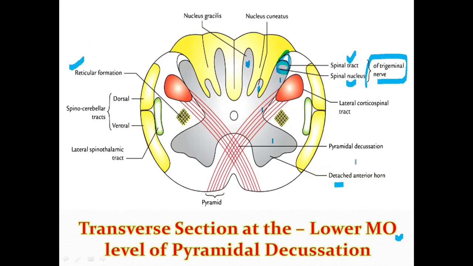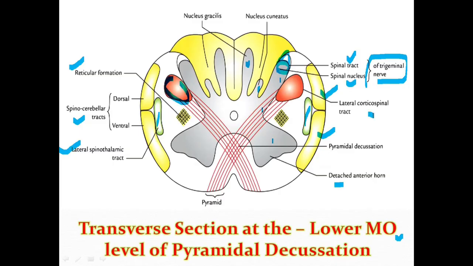Followed by this portion, that is the lateral spinothalamic, and as I mentioned, the anterior and posterior spinocerebellar tracts. You're supposed to remember the same cut section comparing from spinal cord to lower medulla. Also, among the descending tracts, I have mentioned an important one.